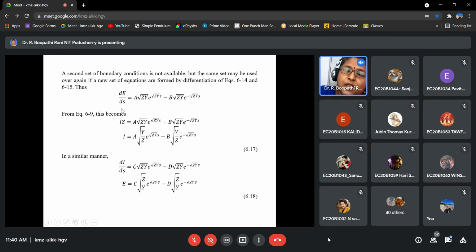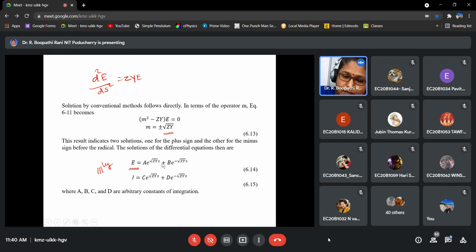The second set of boundary conditions we don't have, so we are going to manipulate the boundary conditions which we already have. For that, we are taking the same E and I equations, and we are going to differentiate with S, then apply the boundary condition.